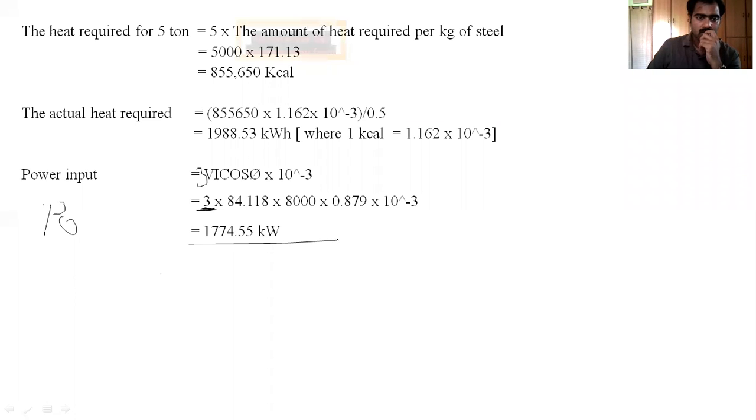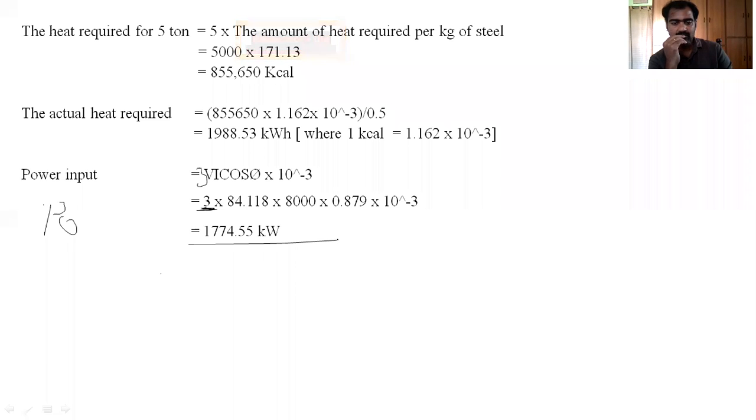So here, as I said earlier, everything depends upon your time period. So now we have to calculate the time requirement. How much time? He has given the total weight of the material, and he has asked to calculate the thermal efficiency.